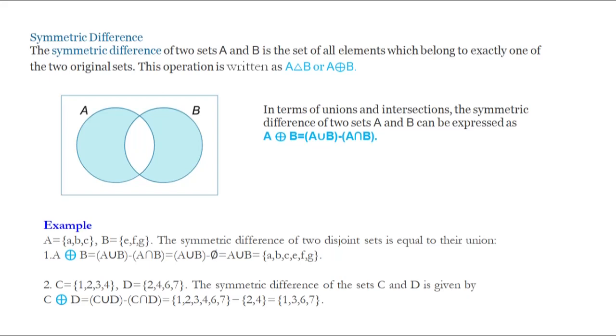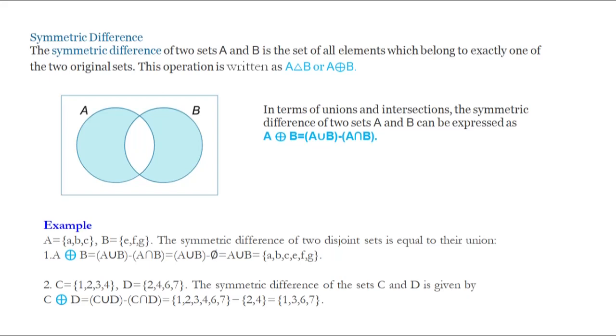Okay, this operation is written as A with a triangle symbol B, or A with an exclusive-or kind of symbol, a plus with a circle over it, B. In terms of union and intersection, the symmetric difference of two sets A and B can be expressed as A symmetric difference B is equal to A union B minus A intersection B. So combine the A set and B set and take out the common ones, A intersection B.